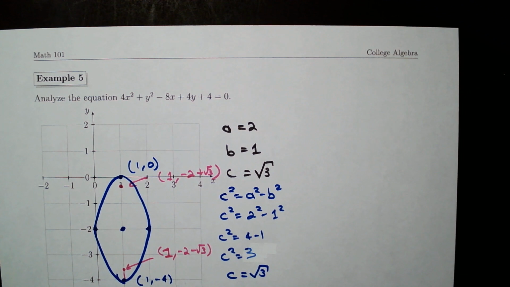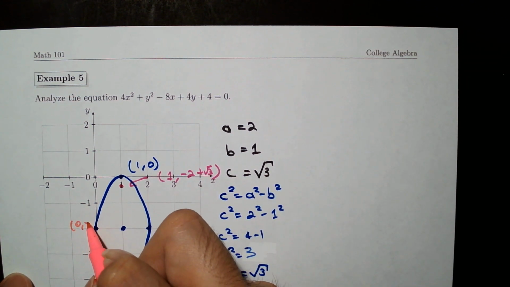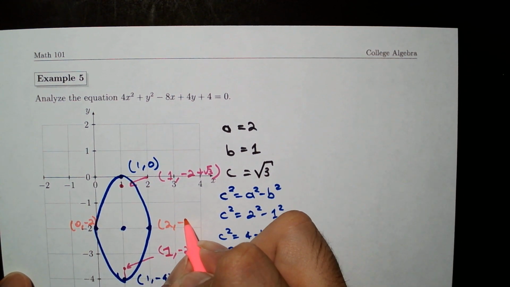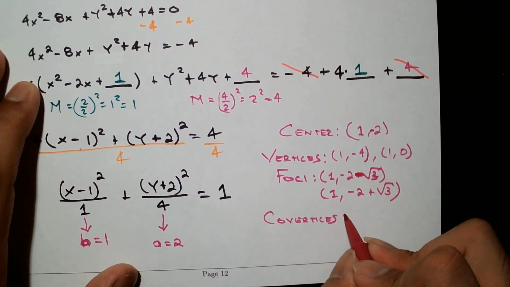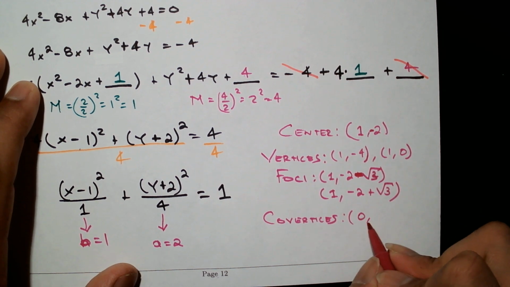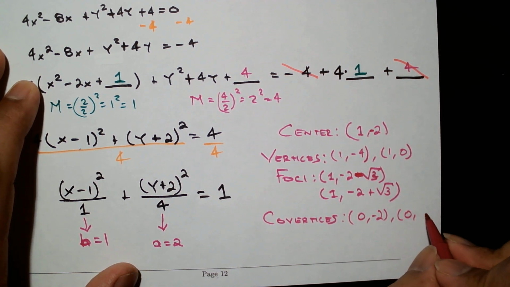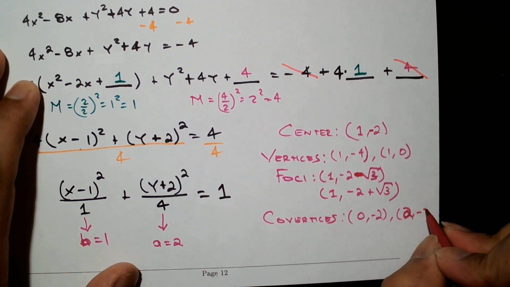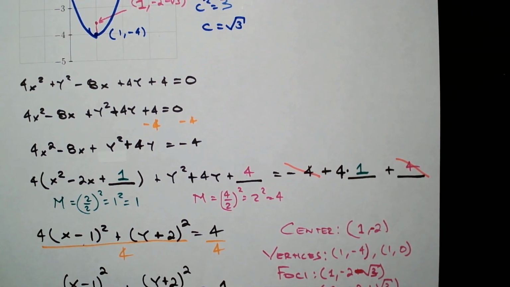The co-vertices are going to be these points 0, negative 2, and 2, negative 2. That I'm going to take over here. 0, negative 2, and actually 2, negative 2. All right, and this pretty much covers this topic, what I wanted to cover.